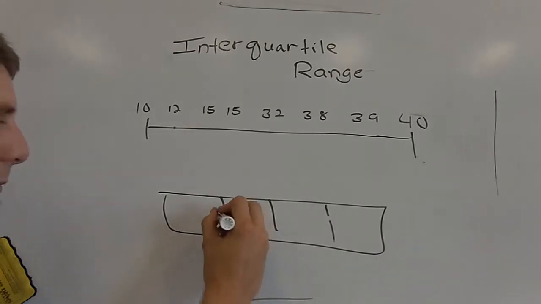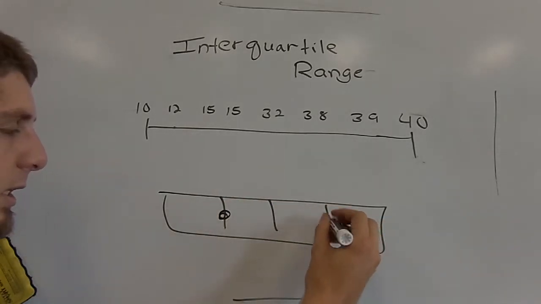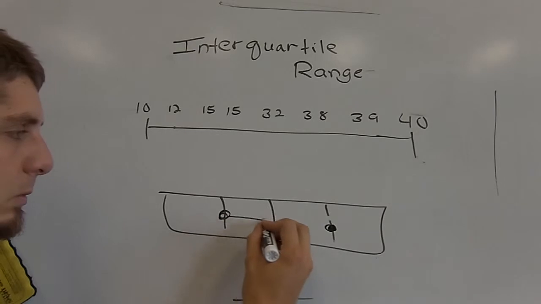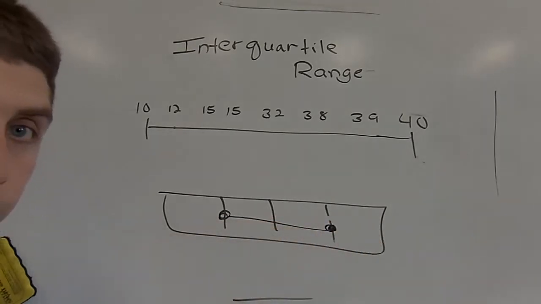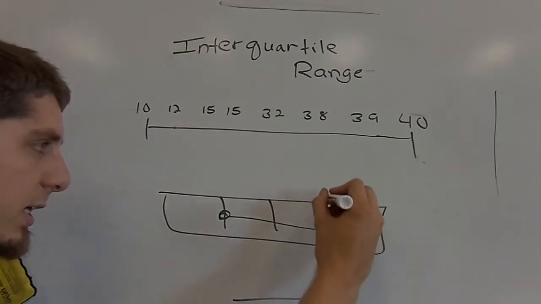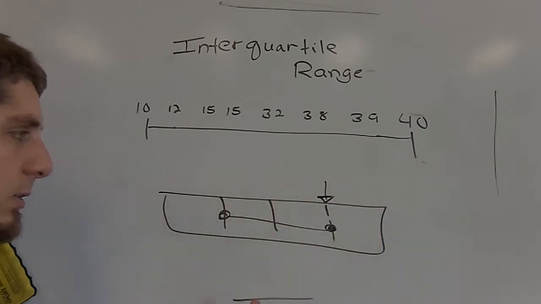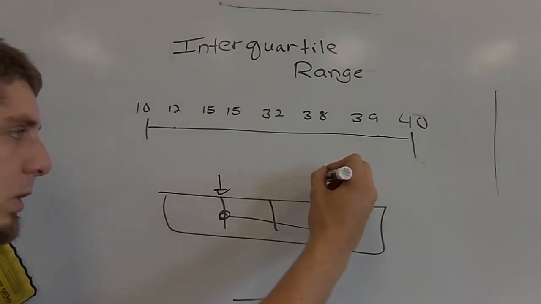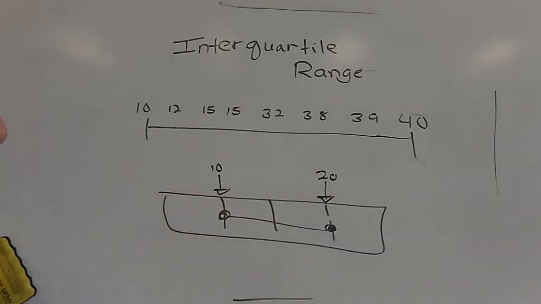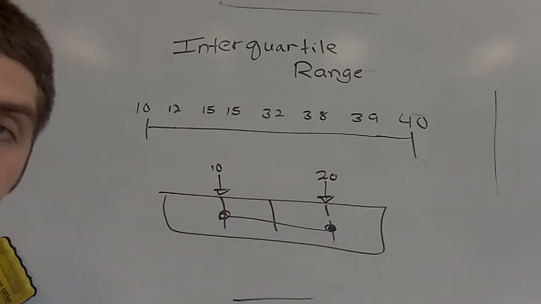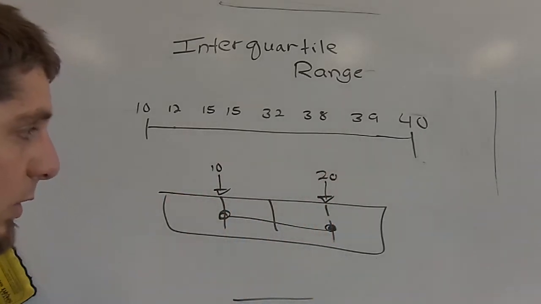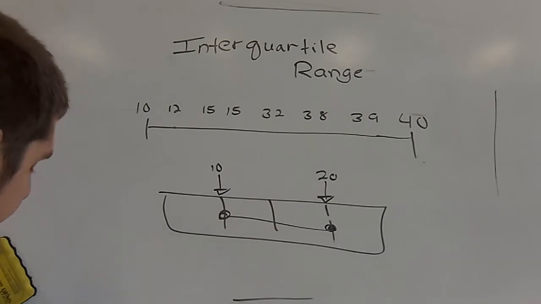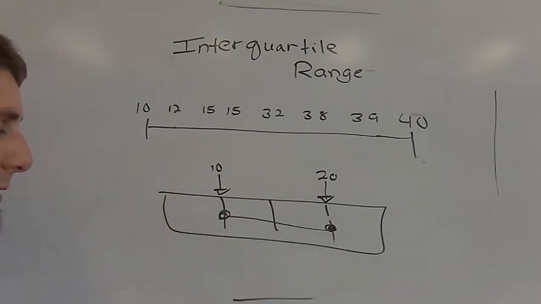So the distance from right here to right here would be your interquartile range. Basically, you're going to subtract this number and this number. So if this was 20 and this was 10, your interquartile range would be 20 minus 10. In other words, your interquartile range would just be 10, because 20 minus 10 is 10.